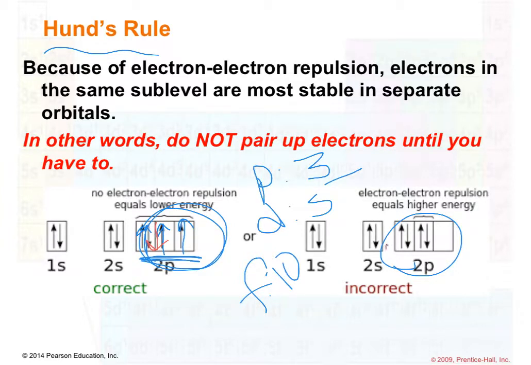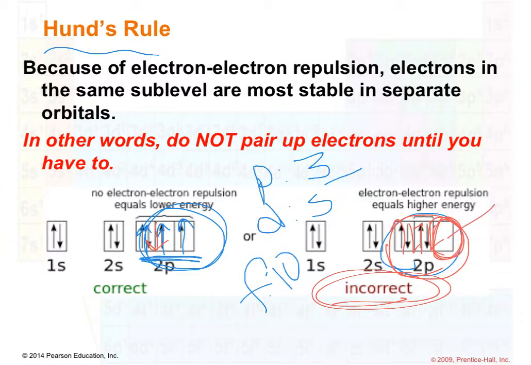So for example, this is what not to do on the right-hand side. We paired electrons in these equal energy orbitals before even putting one in the third P. So that's Hund's.